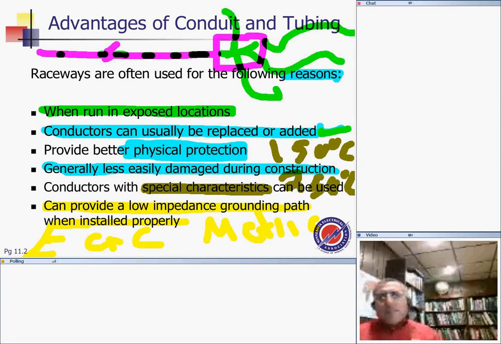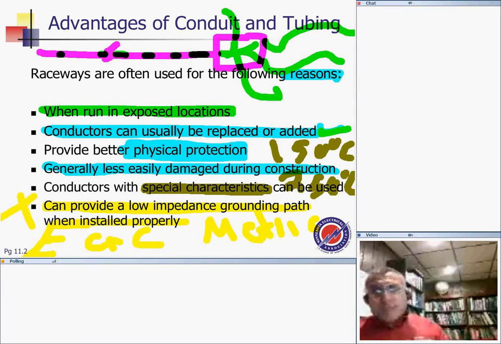So you can get away without an equipment grounding conductor with EMT, rigid, intermediate, metallic. If you have a PVC, this advantage drops, because you still have to pull the equipment grounding conductor. Any questions about the advantages of basically conduits over cables? Any questions? So you can argue some of them.